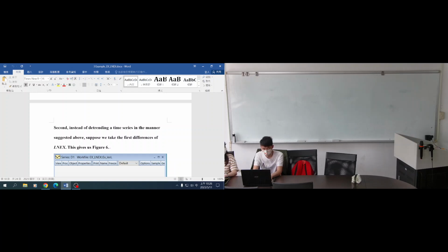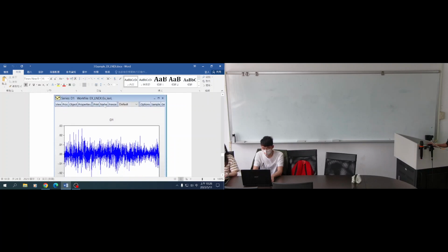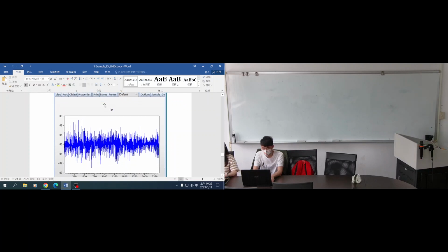The first difference is usually denoted by delta. So look at this. This is D1, the difference between these two time series data.